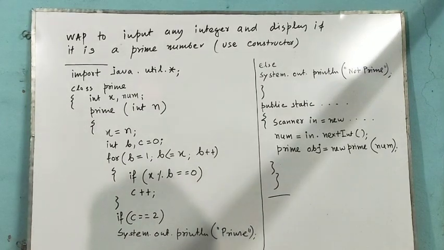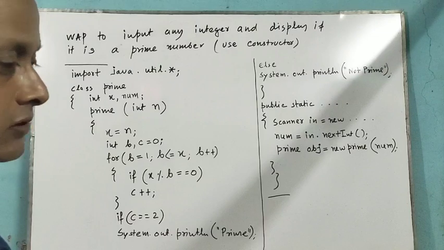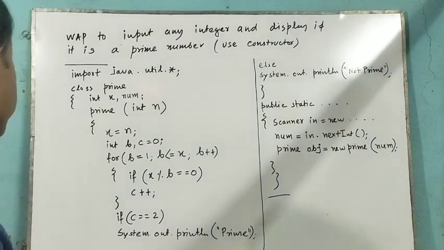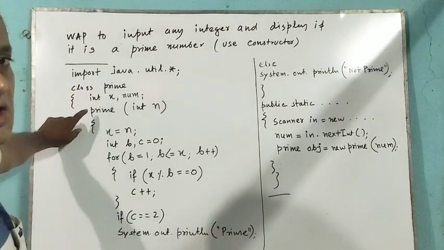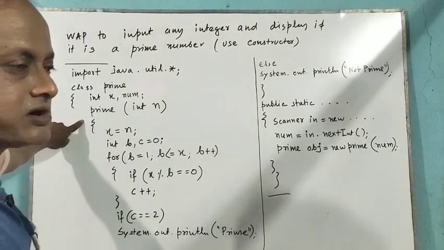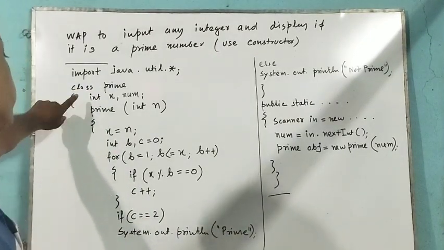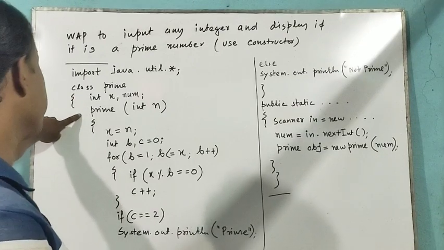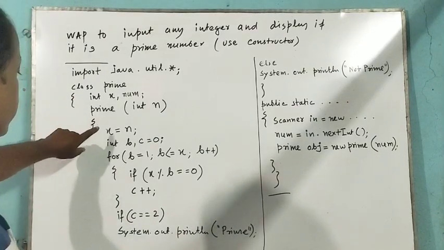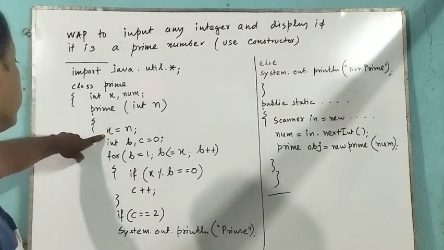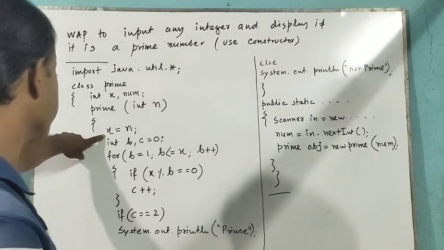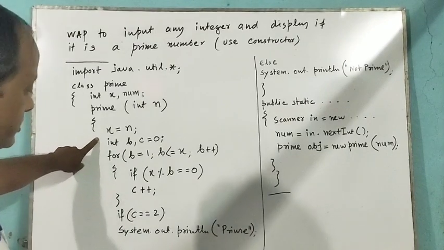In constructor body we have to initialize data members, we have to initialize the variables. First point is name of the class and name of the constructor will be same. Second, constructor will not have any return type. And third, in the body of the constructor we have to initialize data members. So these three parts we have seen.